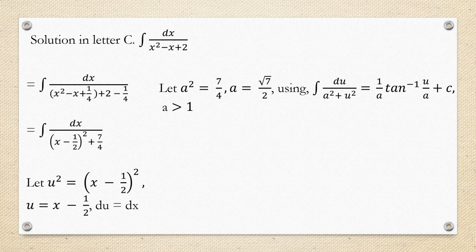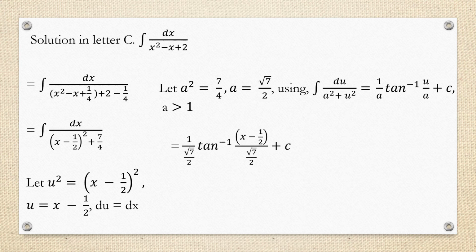Then we use our formula for the integral that yields an inverse trigonometric function. We have the integral of du over a squared plus u squared, which is equivalent to 1 over a tan inverse of u over a plus c, where a is greater than 1.